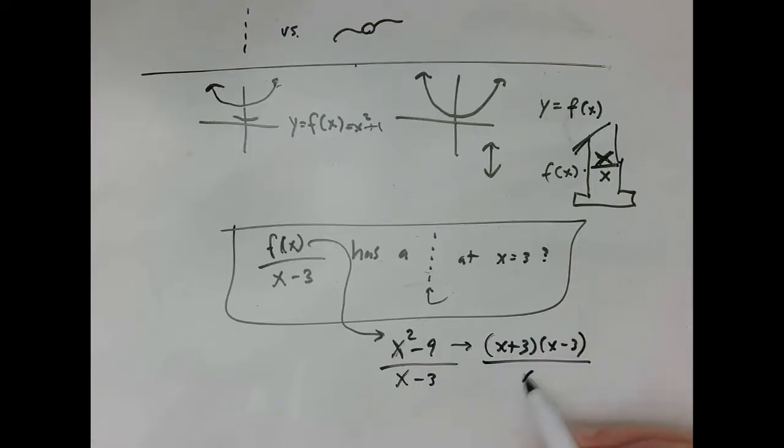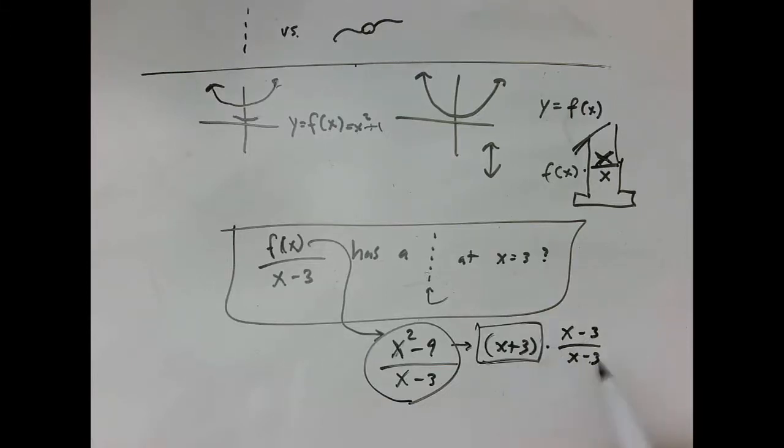And then you'd have the x minus 3's canceling each other. So that would be the same as if I'd written this. So this function, you shouldn't think about it as f divided by x minus 3 because it's algebraically equivalent to this line times the fancy form of 1, which was characteristic of the removable discontinuity.